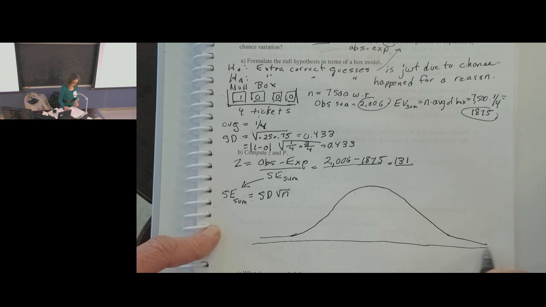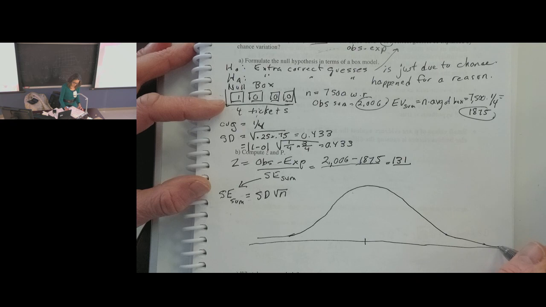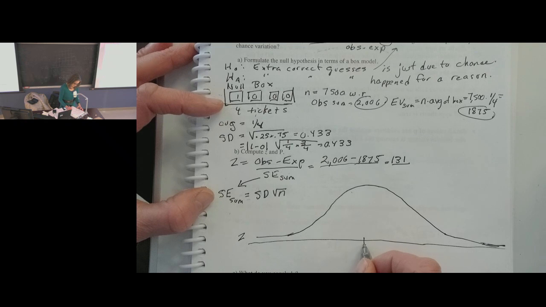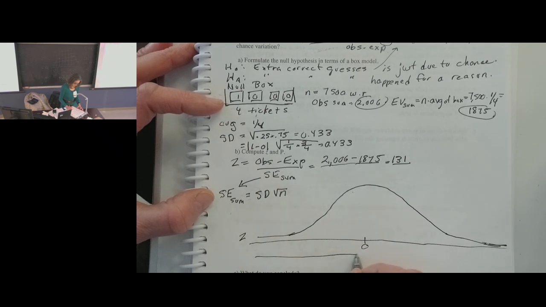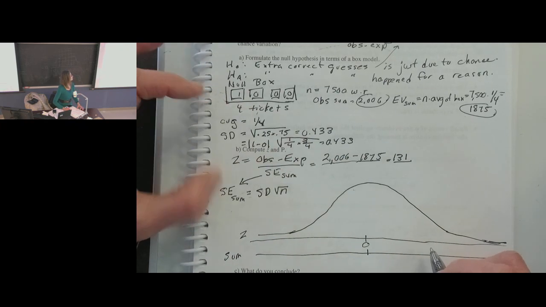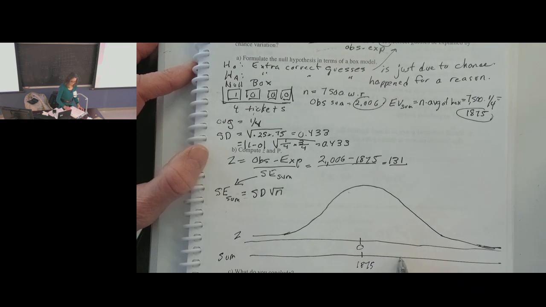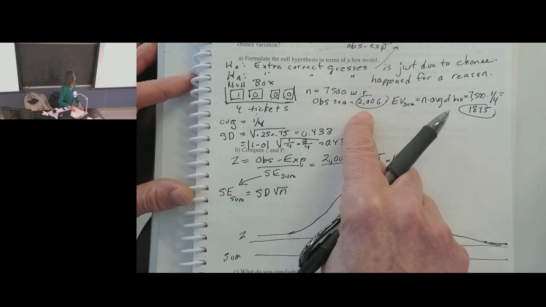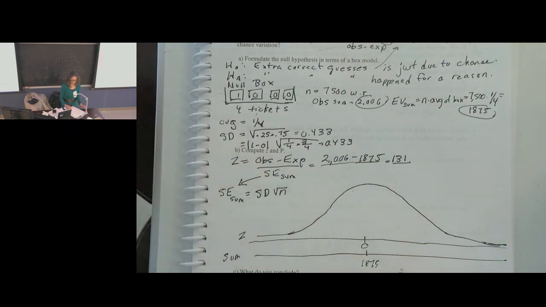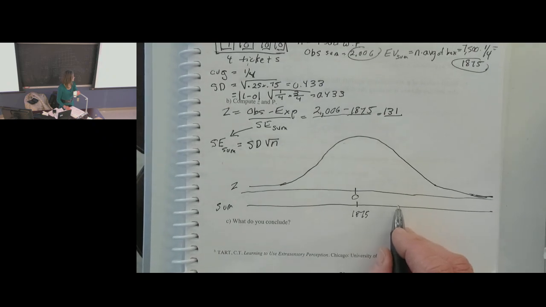And now, what are we doing here? We're saying that as a z-score, we'd expect 0 in the middle. And as a sum, we'd expect what in the middle? 1875. And we know we have 131 extra guesses to 2006. And what we're doing when we do this calculation, we're saying, yeah, we know it's 131 extra, but where do we place 2006 along here?